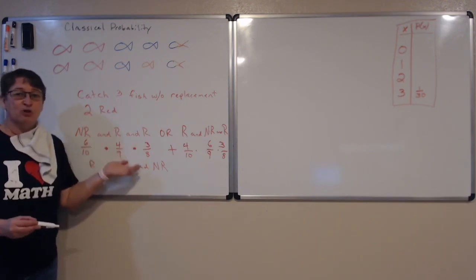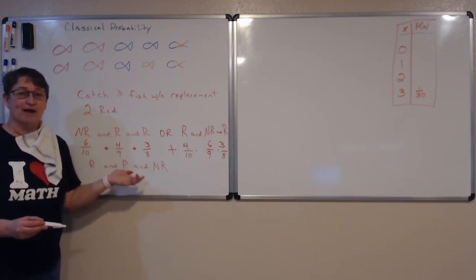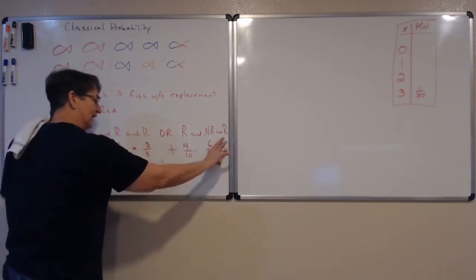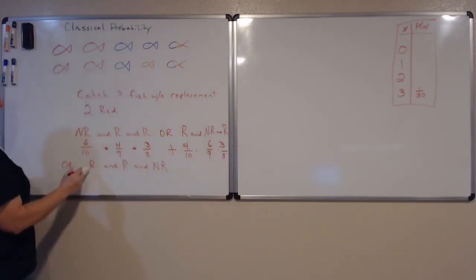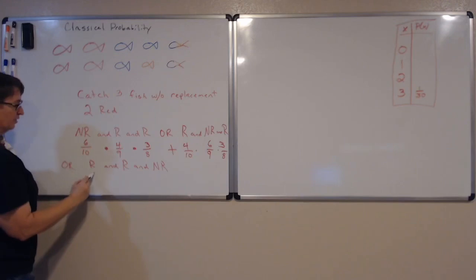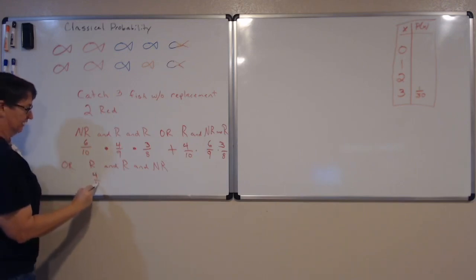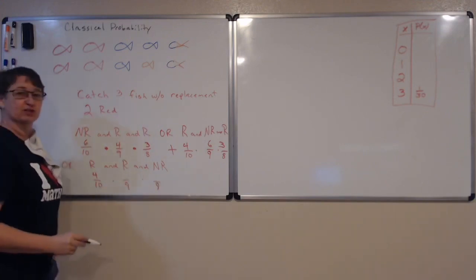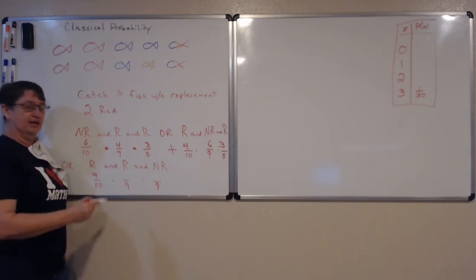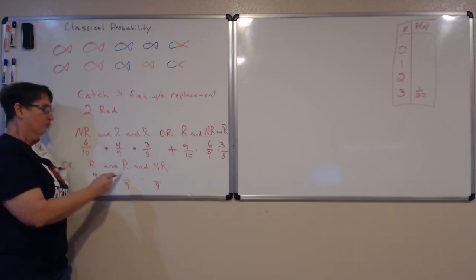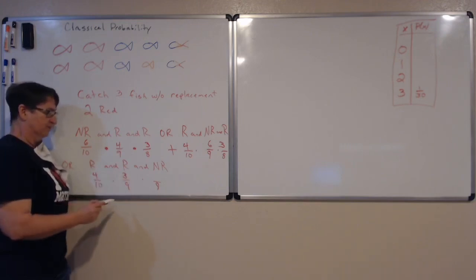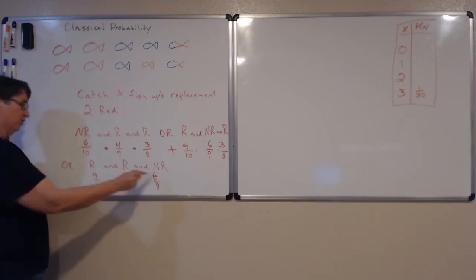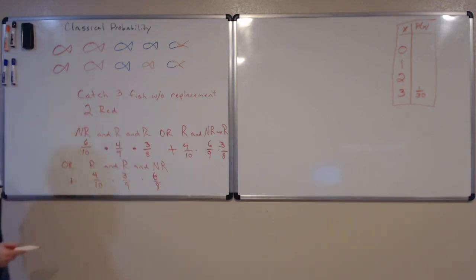So now that we know that there are 3 ways, really all we have to do is find out this probability and multiply it times 3. But we'll keep going. Our red is 4 out of 10. We're going to go down because we're keeping one out each time, so without replacement, it's going to go down each time. And then the red on the second one, only have 3 fish left, and then I still have 6 of those non-reds. So again, notice that it's all the same. I've just got 3 of those.